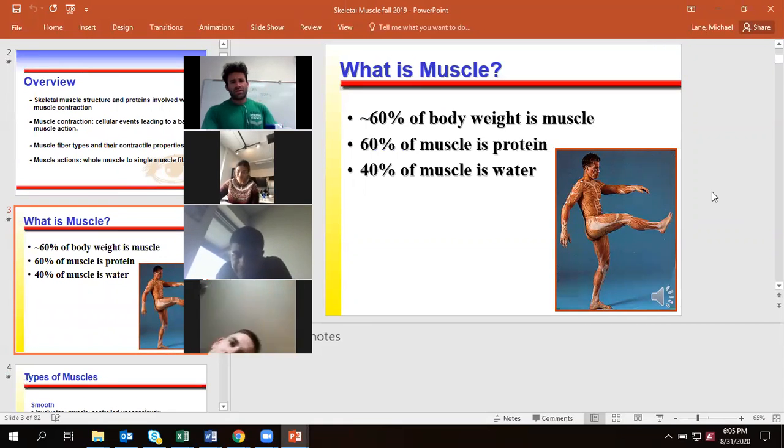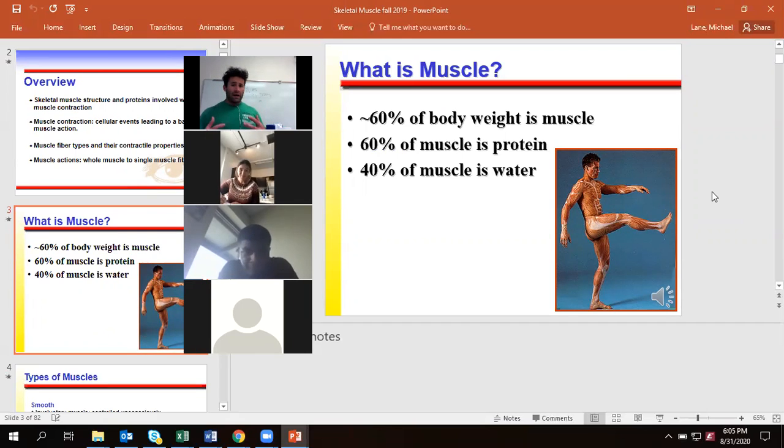So about 60% of your actual body weight is going to be muscle. It depends on the individual. Someone like a really small sedentary individual might have a lower number than this.